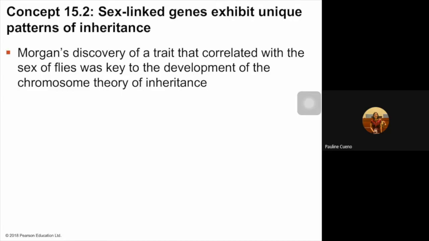Okay? So in the sex-linked genes, Morgan's discovery of a trait that is related to the sex of the organism is the key to the development of the chromosome theory of inheritance, particularly relating the concepts of meiosis and the laws of inheritance. Because, right, meiosis is for the formation of gametes.